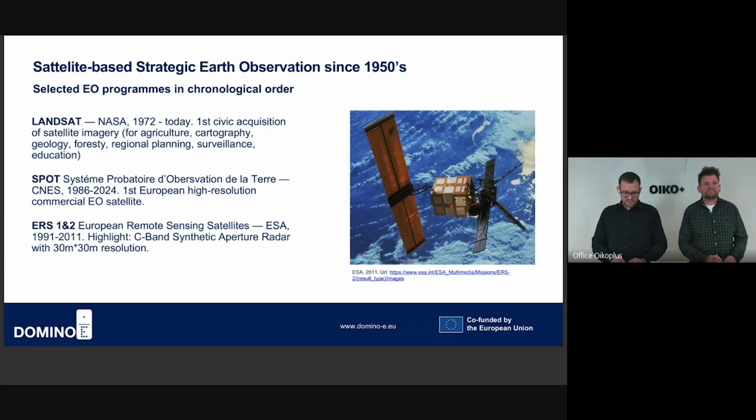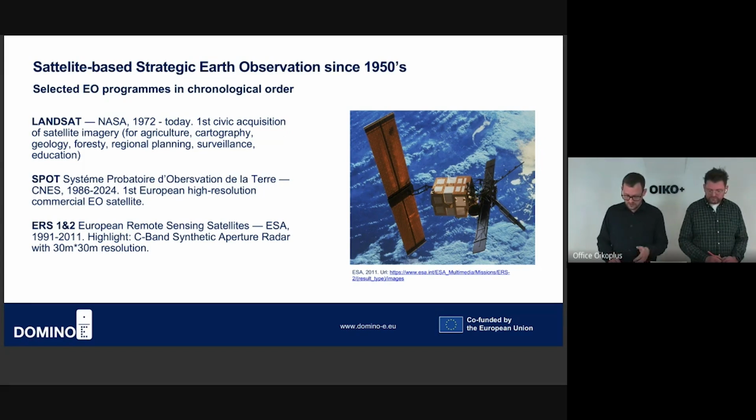In the 1990s, the European Space Agency ESA launched ERS-1 and ERS-2, introducing radar imaging, SAR, to European Earth observation, and that allowed operating independently of weather.